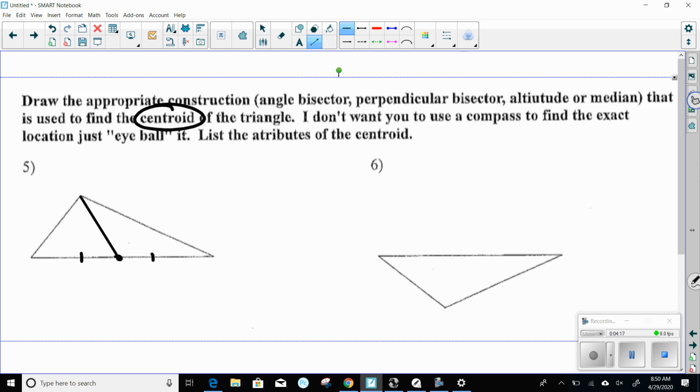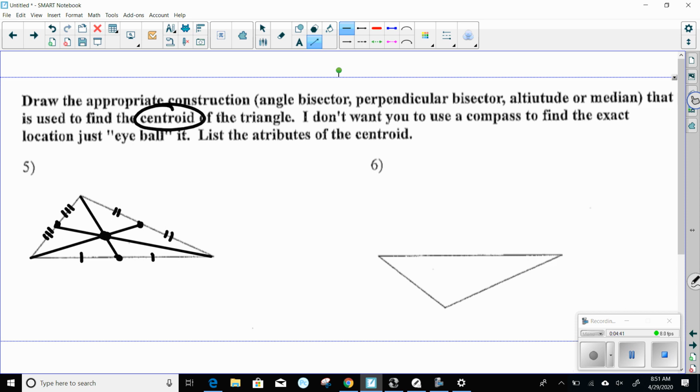So let's say the midpoint of that one is right there, it's cut in half. We'll do one more. We'll draw all three of them. And the point where they all cross, at that point is the centroid.